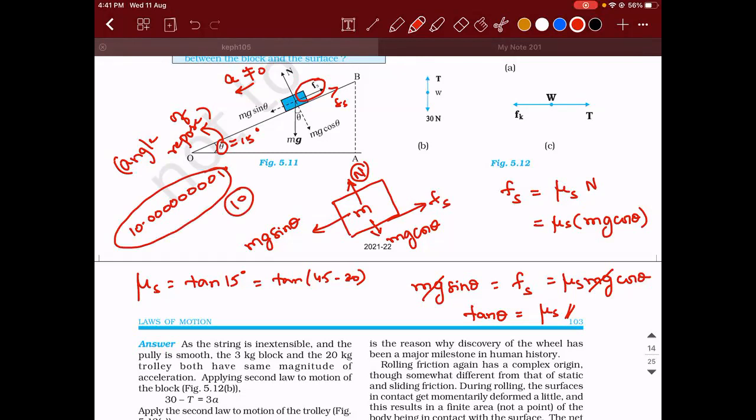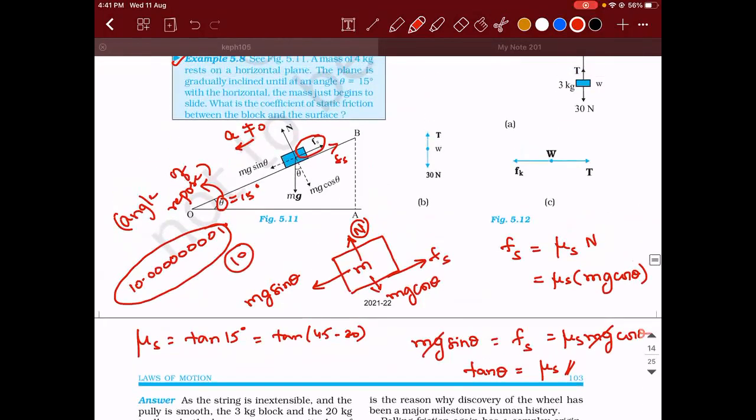That was just before the object started sliding. Read the question. Our intention is not to find the acceleration. Our intention is to find, at this angle of inclination, when it will just start to slide. It will be able to slide only when the coefficient of friction is this value. That is why I equated.